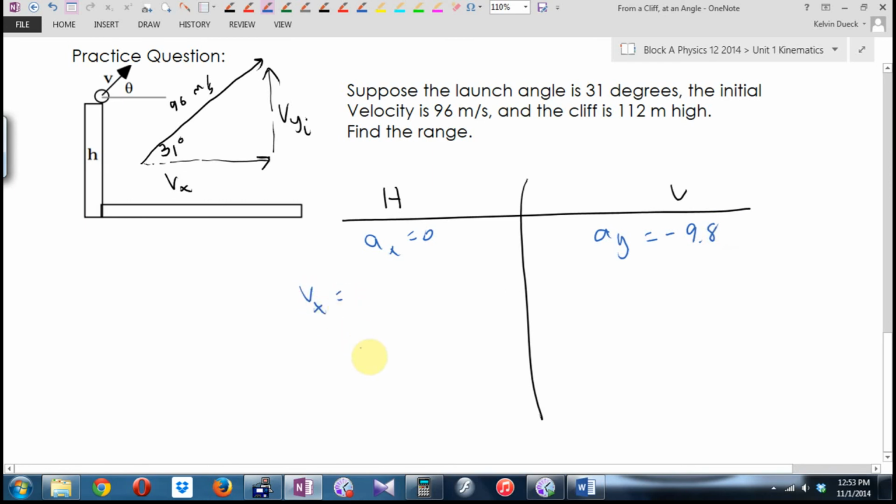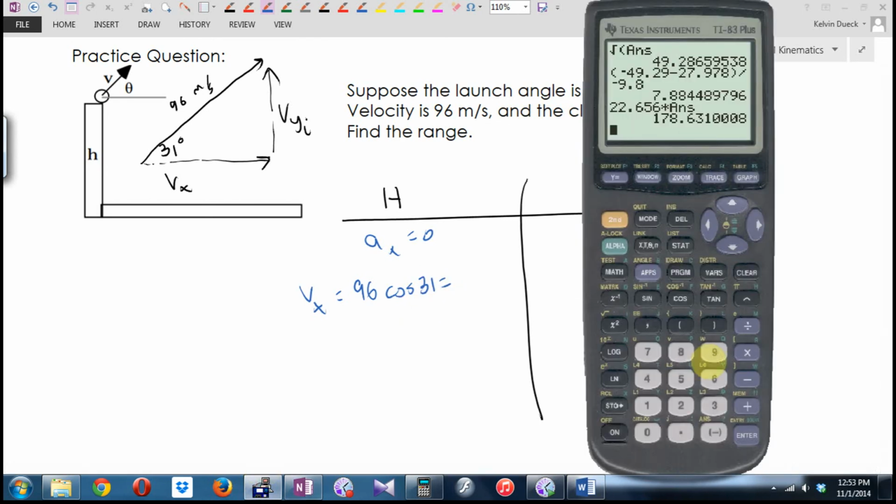Vx is going to be 96 cos 31, which is 82.288.